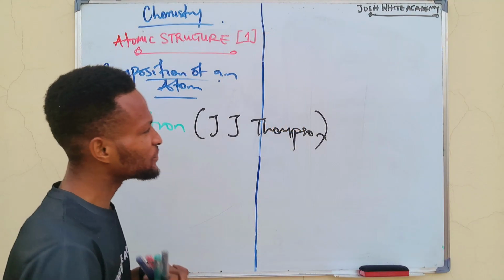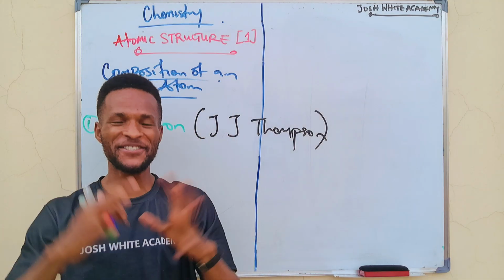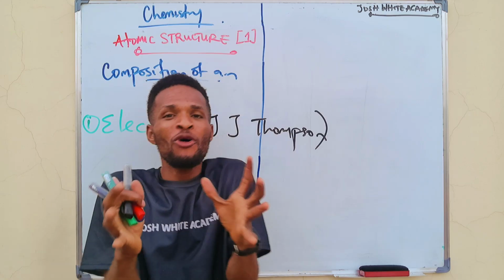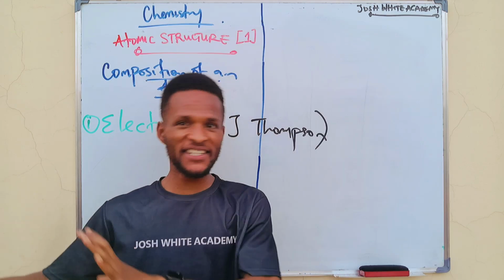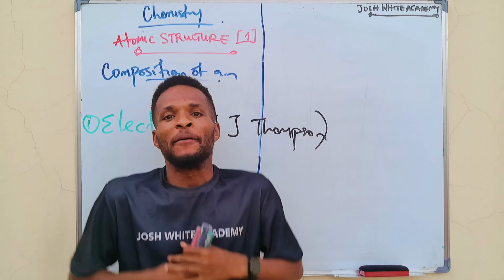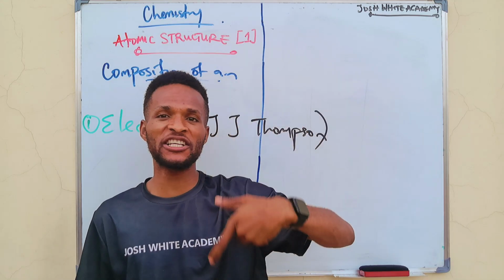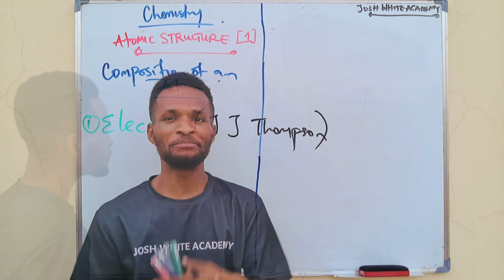J.J. Thomson carried out a cathode ray tube experiment, and you know that gases on a norm do not conduct electricity, but when they are at low pressure and high potential difference (PD), they can conduct electricity.